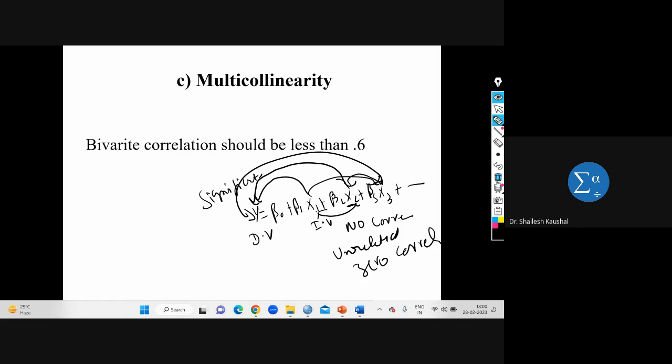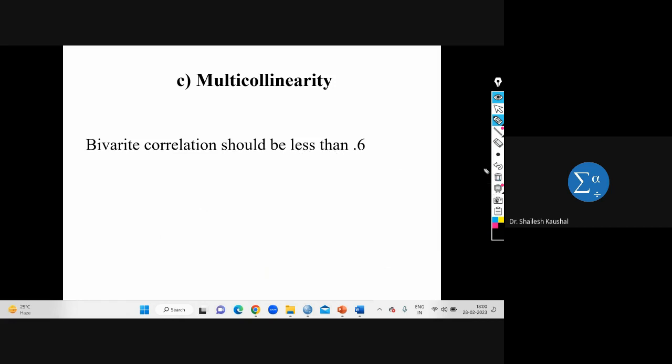So what is the criteria to find whether my data has multi-collinearity issue or not? So when we take the bivariate correlation of independent variables, all the independent variables should have less than 0.6 correlation.